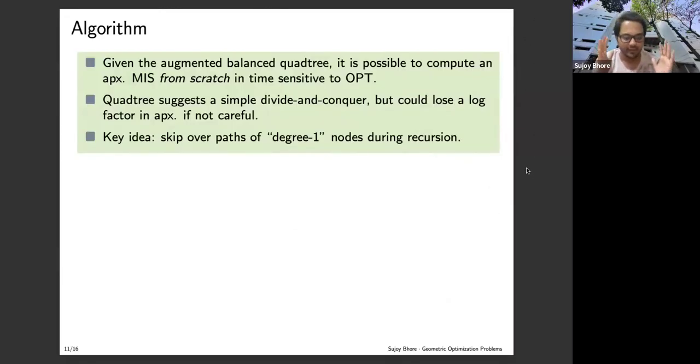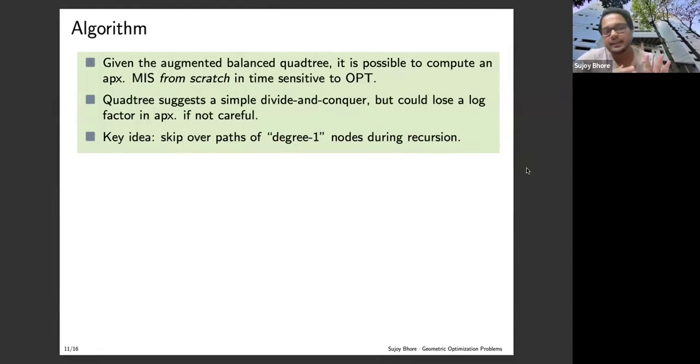So given these augmented balanced quadtrees, it's possible to compute this approximate maximum independent set from scratch in time sensitive to opt. The quadtree suggests some sort of a simple divide and conquer mechanism, but if we go only by the quadtree mechanism, then you could actually lose a log factor, because you're gaining this in every level of the quadtree, even if it is a balanced quadtree.